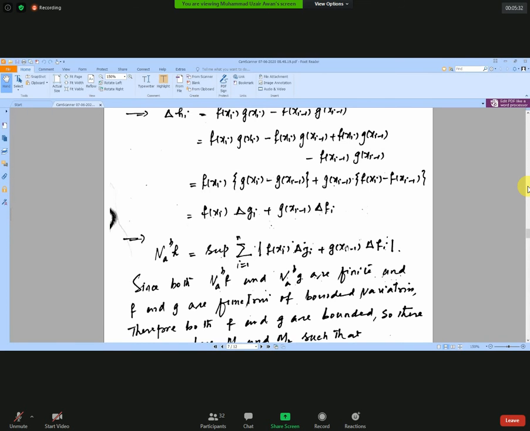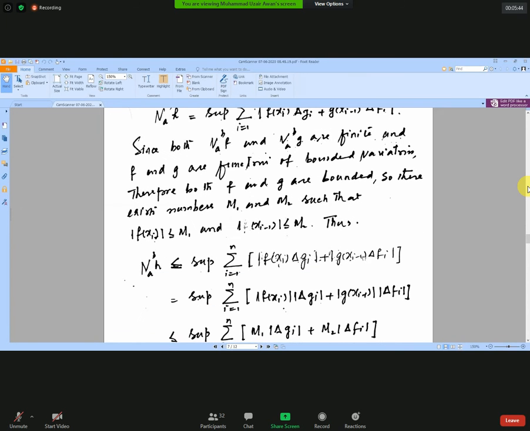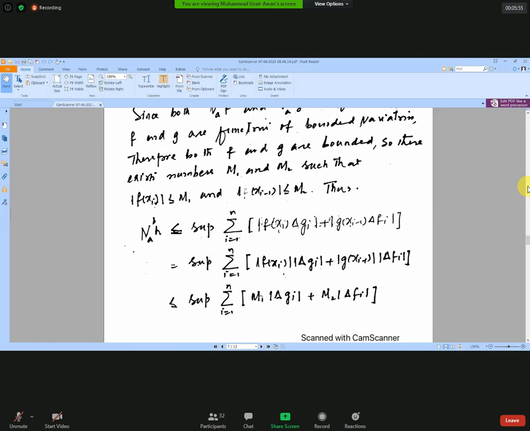So suppose करते हैं कि f of xi is bounded by m1 and g of xi minus 1 is bounded by m2. क्या हमने ट्रायंगल करेक्टली लगाई? हमारे पास ये चीज आ गया कि एब्सोल्यूट की प्रॉपर्टी, since this is bounded by m1 and this is bounded by m2.